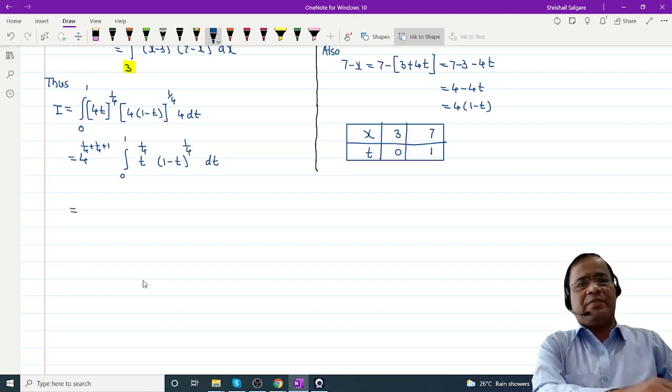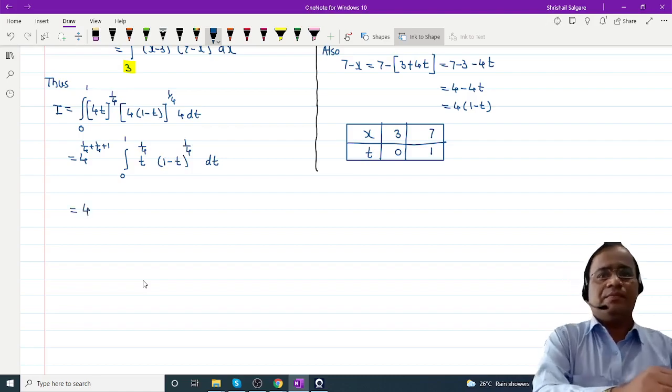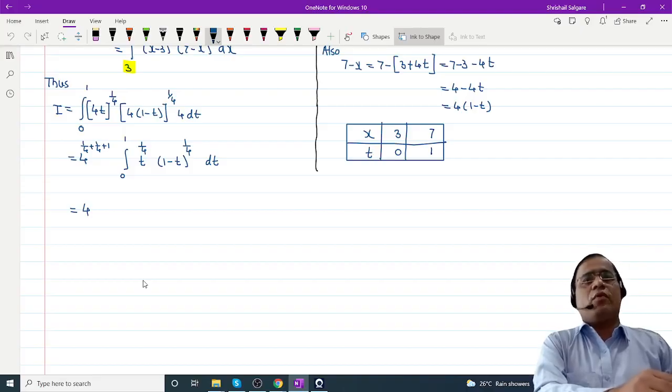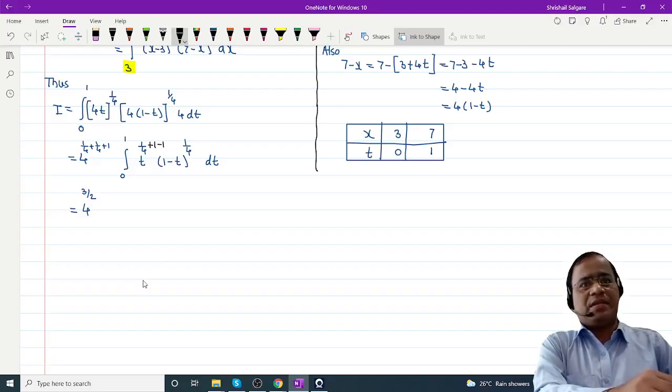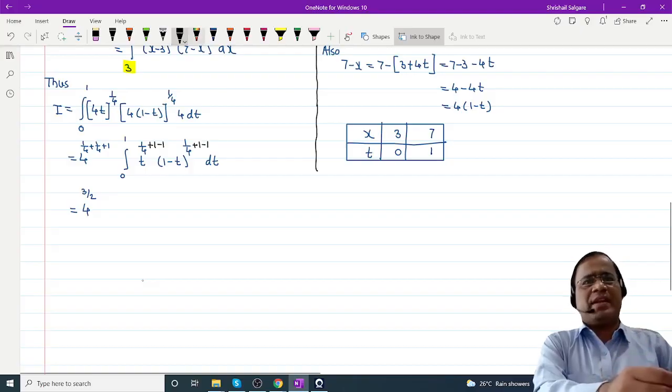And by definition I will write outside term. It is 2 by 4, 2 by 4 means 1 by 2, plus 1. What is it? 3 by 2. Now here you have to make adjustment. I will write plus 1 minus 1, plus 1 minus 1.